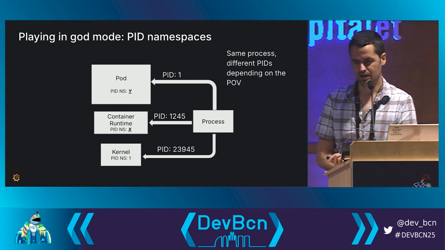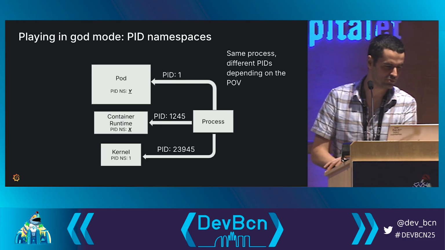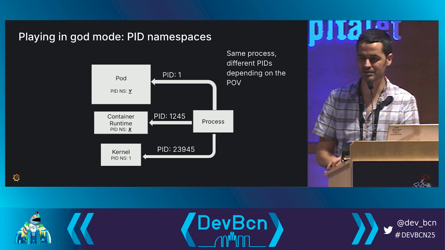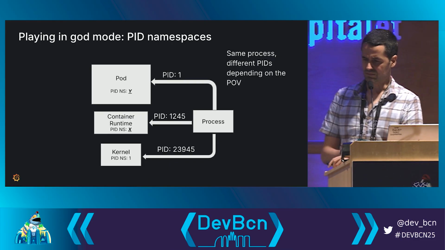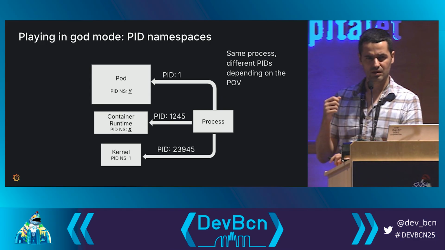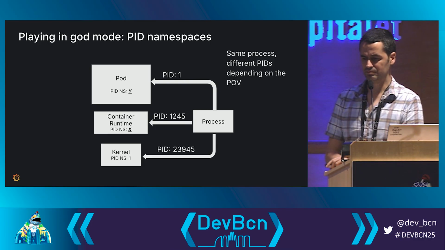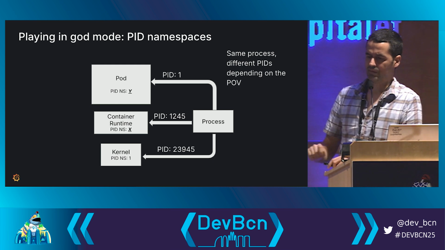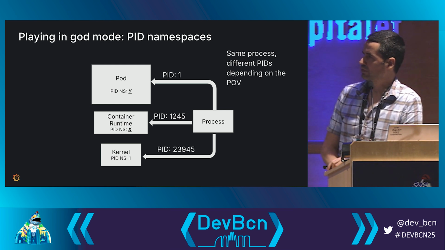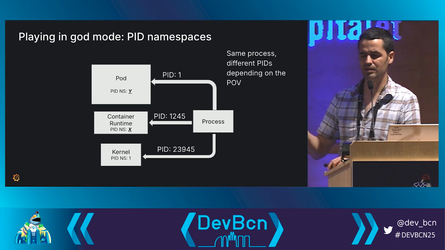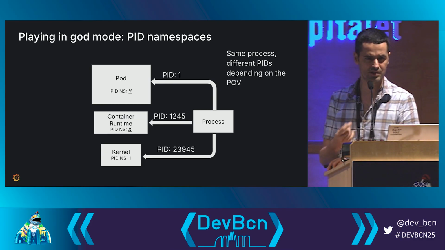Also, there is an added extra difficulty. This is playing in God mode. I think this comes from an old video game named Doom. The most difficult level was God mode, because a process PID will be different depending on where you observe it from. Imagine we have a process that runs in a pod, and that process might have a different PID depending on where you listen to it from.